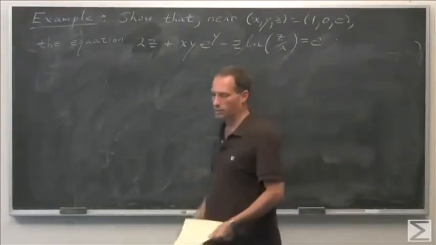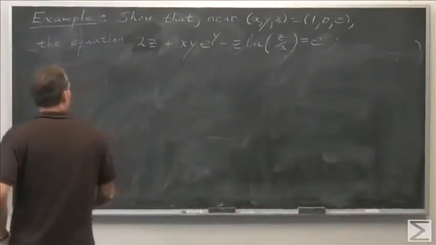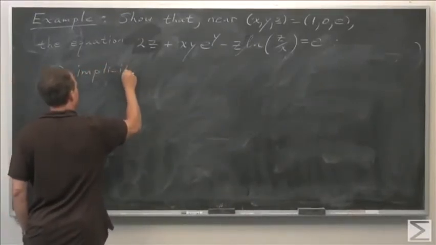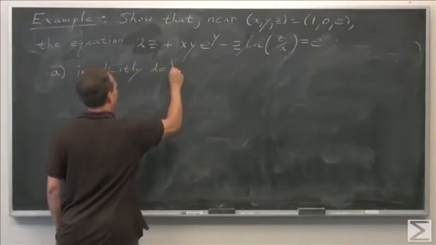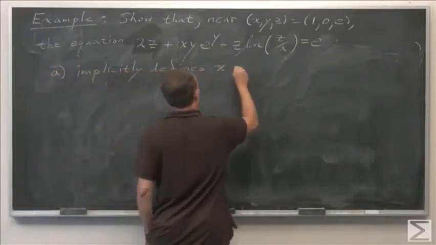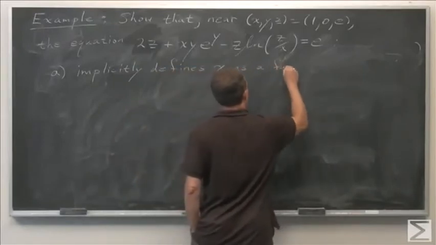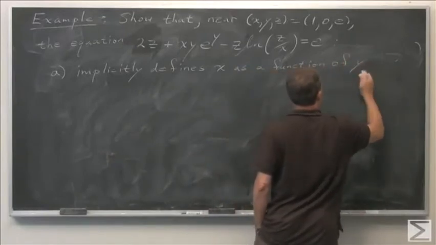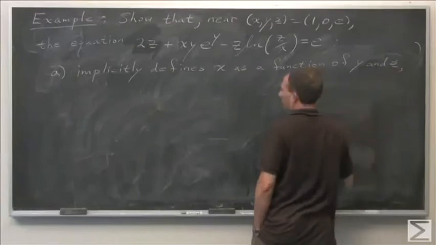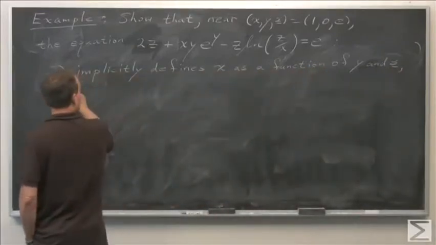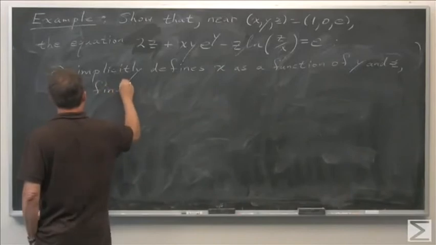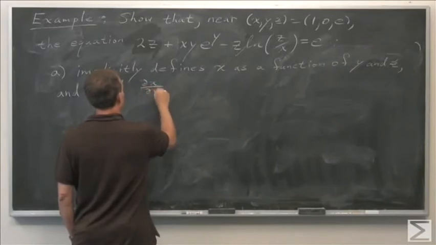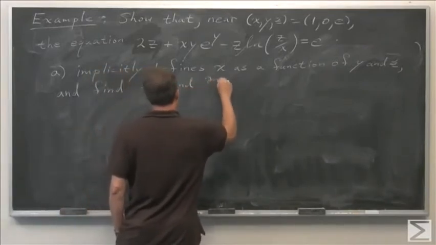Show that that equation, well, there are three parts. A, implicitly defines x as a function of y and z. And you should calculate the partial derivative of x with respect to y and the partial derivative of x with respect to z.